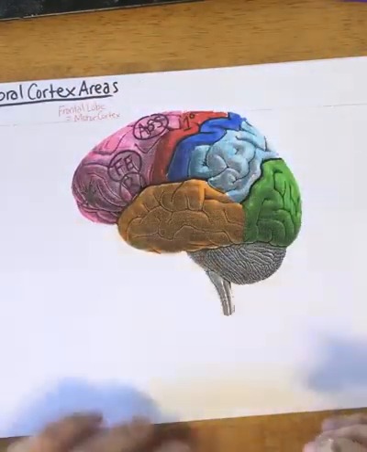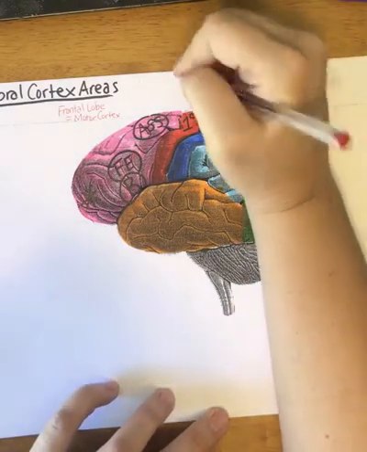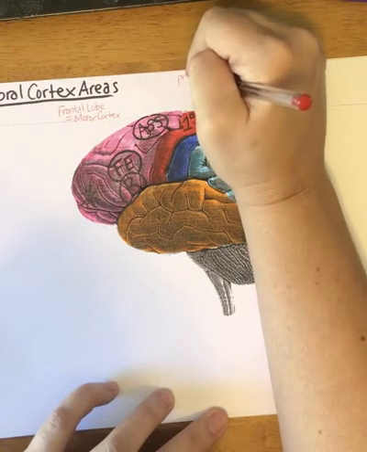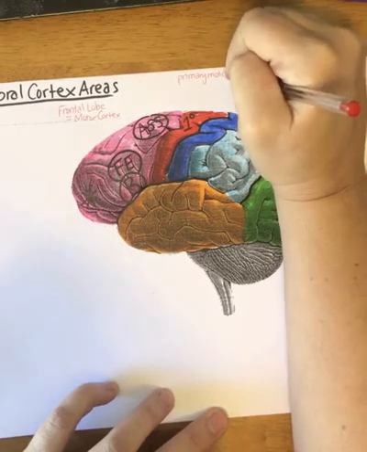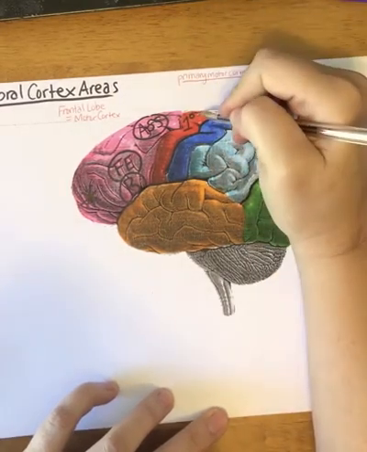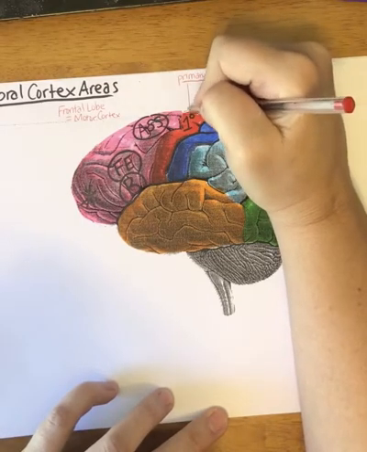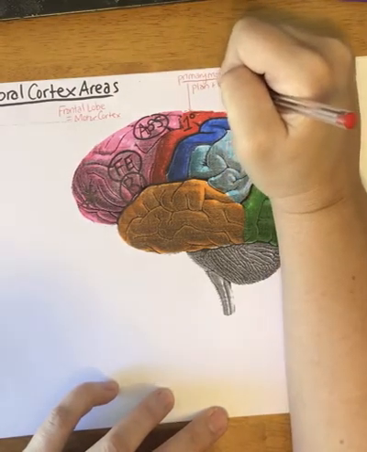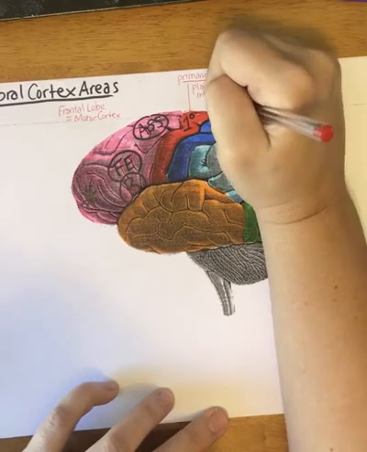So the first one I want to talk about is your primary motor cortex, which is right here. Primary motor cortex is located in your precentral gyri. This one is going to help you plan and execute movements.